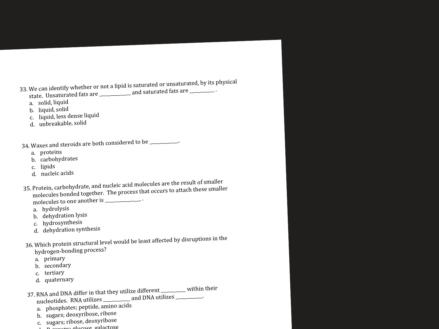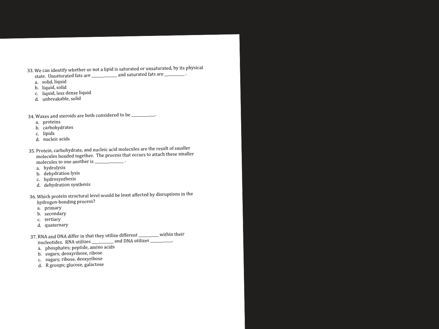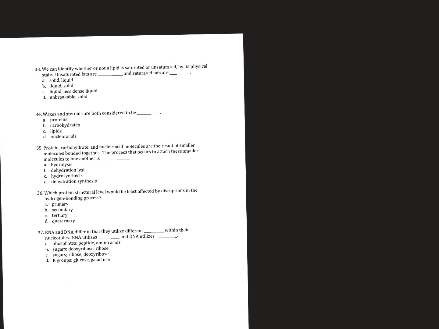Unsaturated fatty acids are blank, and saturated fatty acids are blank. I've already said this in a previous lesson, and I covered it in the review as well. But just to make sure we're clear, the easiest example is to look at a fat, and a fat is carbon and hydrogen, also known as a hydrocarbon.